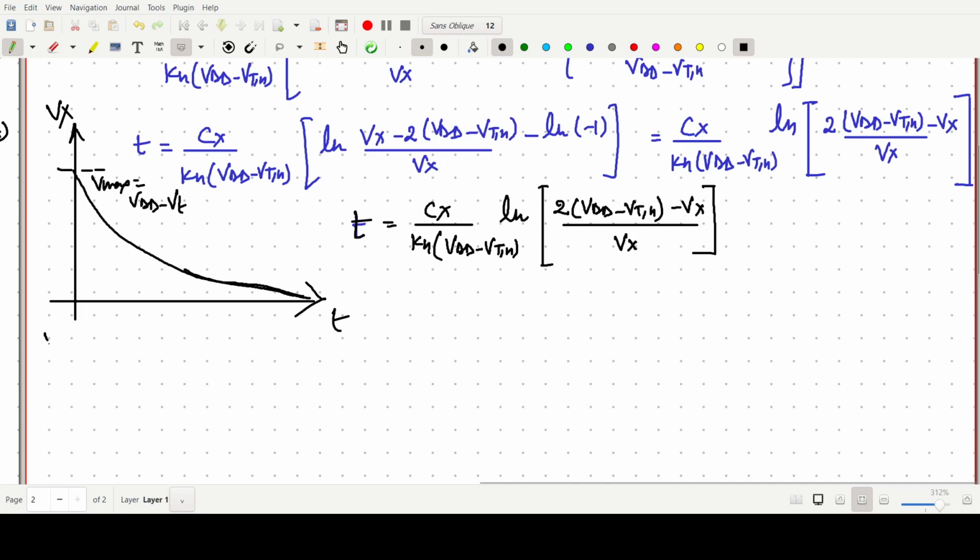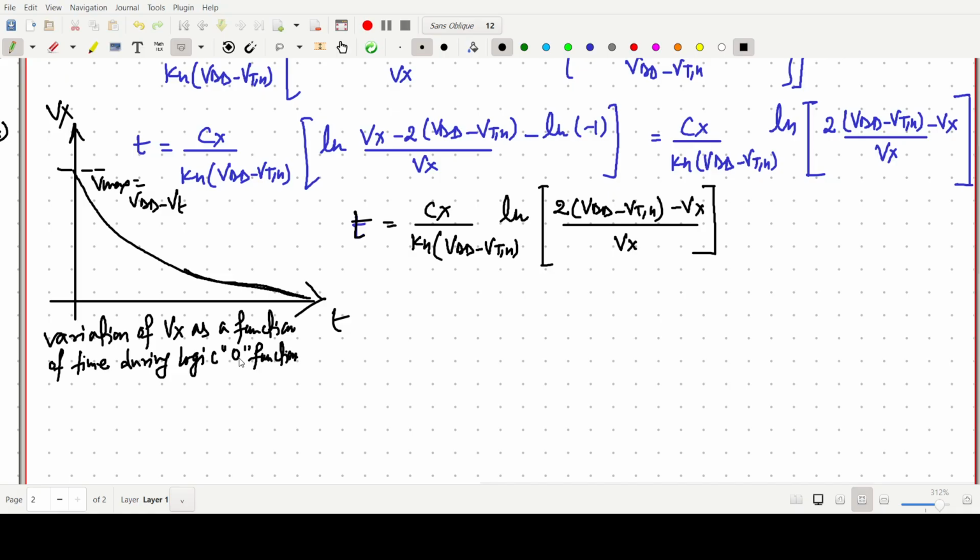We can write it as the variation of Vx as a function of time during the logic zero transfer.